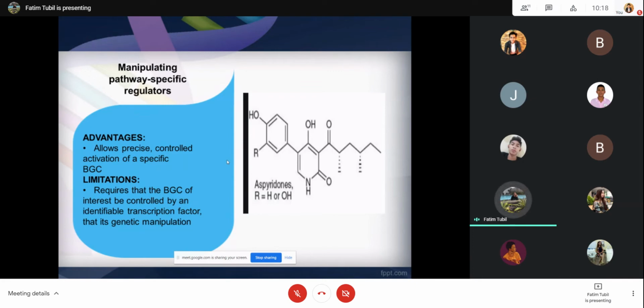This fragment based design has an advantage compared to HTS because of its lower experimental cost, and it can develop multiple ways to create novel compounds.